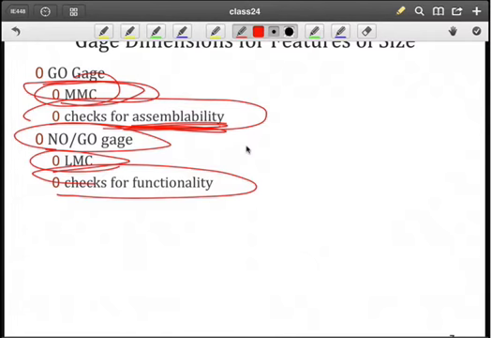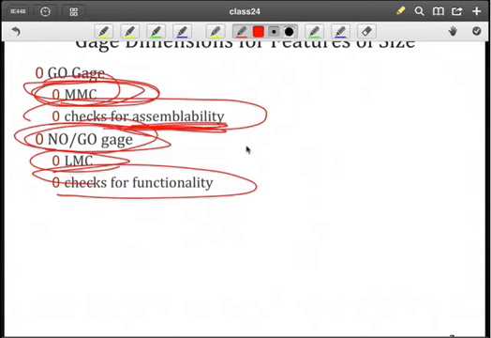Also note the nomenclature here in terms of go and no-go. The MMC, by go we mean it will insert into the part feature, and by no-go we mean that the gauge at LMC does not insert, because if it did, then that would mean we're outside the bounds of LMC.